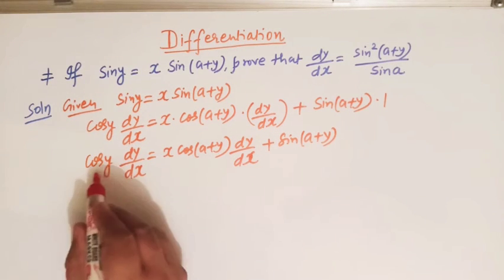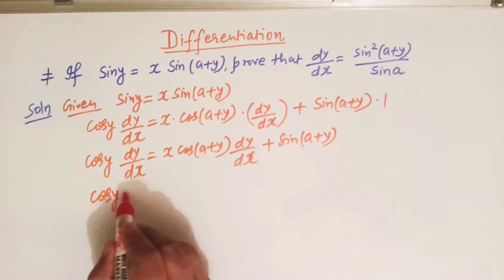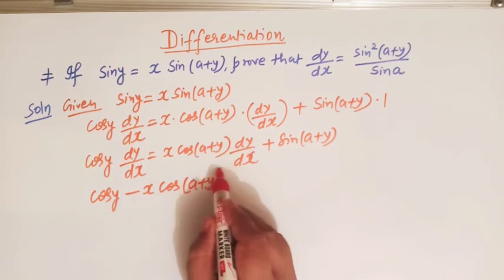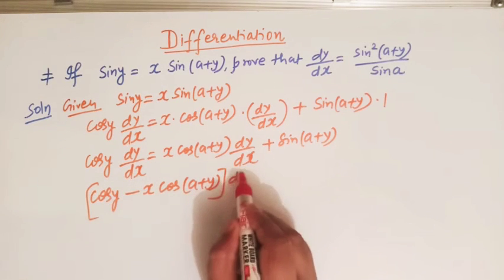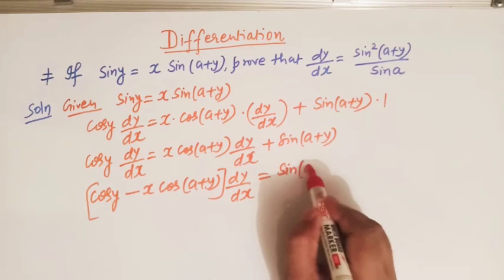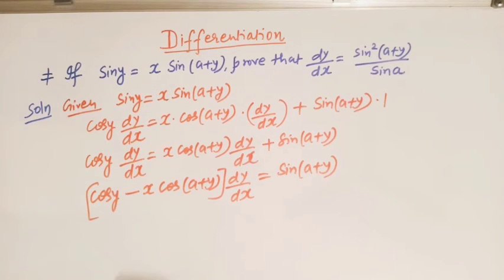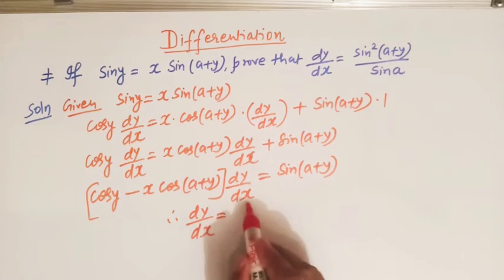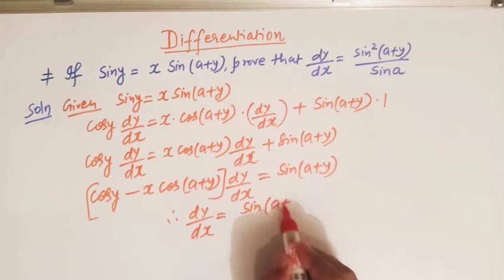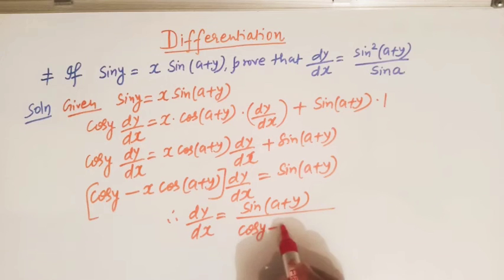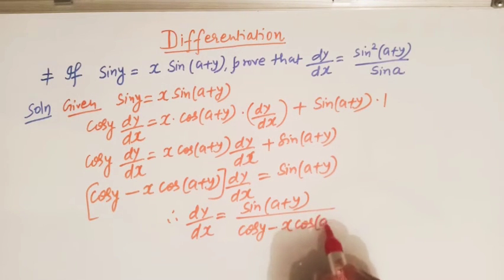Now taking this term to this side, we have cos y minus x cos(a plus y) times dy over dx equal to sin(a plus y), right? Therefore we can write dy over dx is equal to sin(a plus y) divided by cos y minus x cos(a plus y), right?